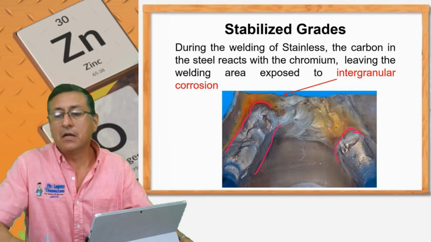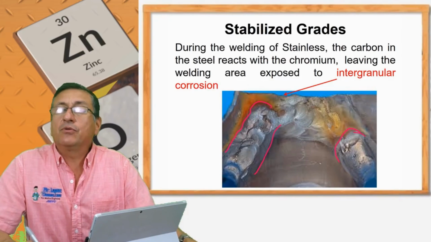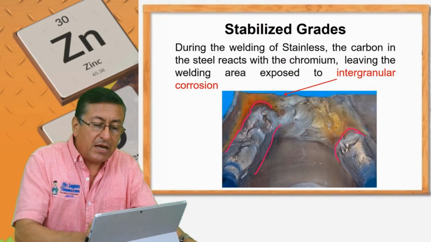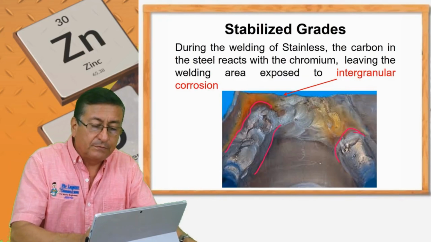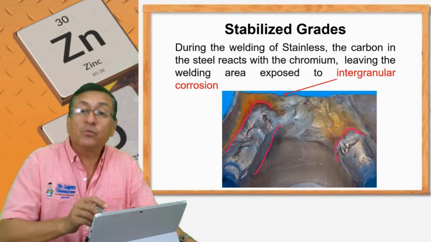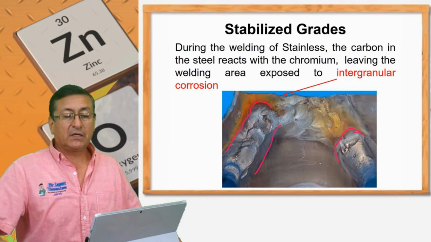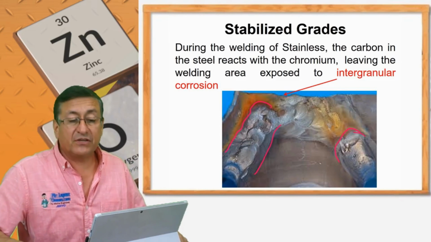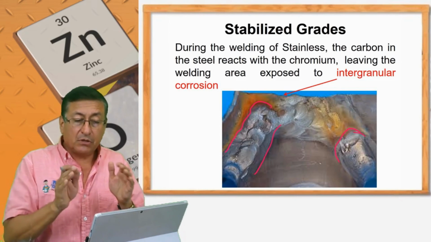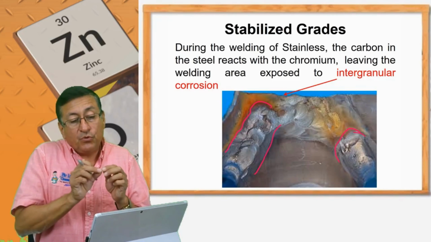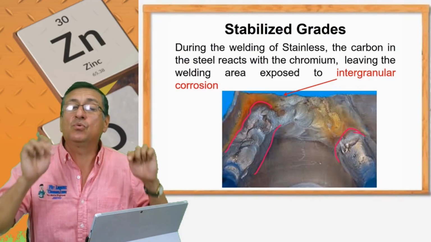This is the picture that I showed before about the corrosion produced in the area between the welding area and the original material. Especially during the welding of a stainless steel, the carbon and the chromium react and produce that area exposed to oxidation.